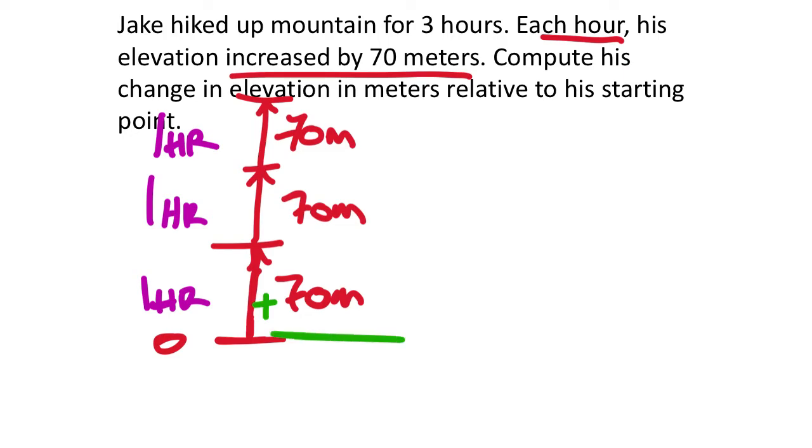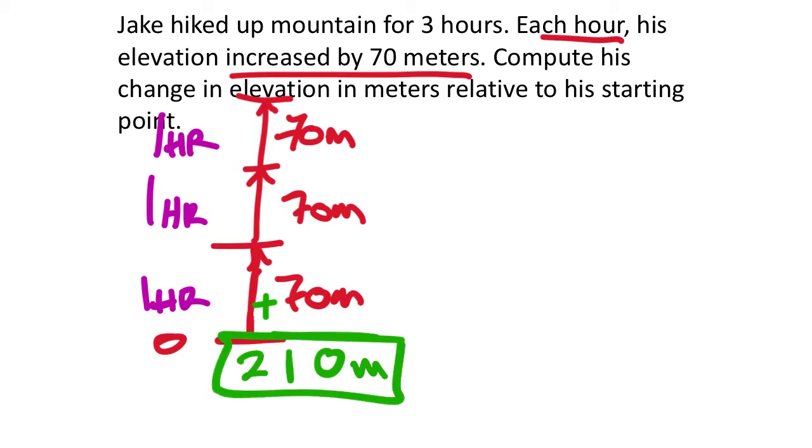So 70, well, you could just start in the ones place value, 0 plus 0 plus 0, which is 0. And then here you have 7 plus 7, which is 14, plus 7 is 21. So 210 meters is the total amount of elevation he increased from his starting point.